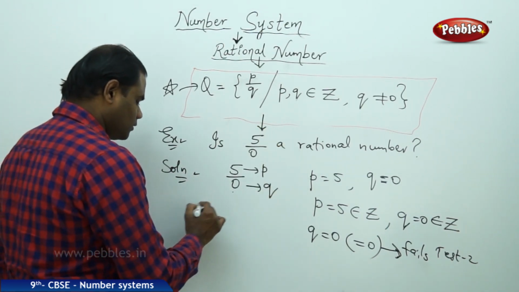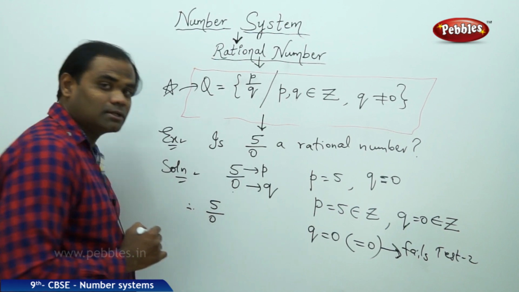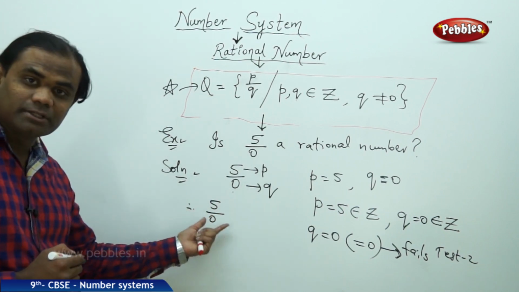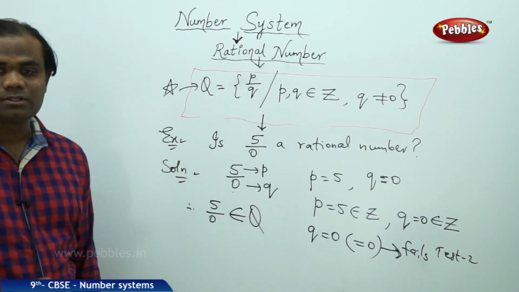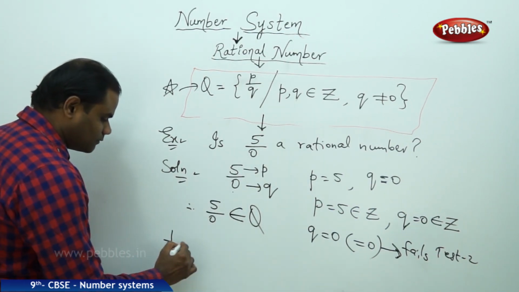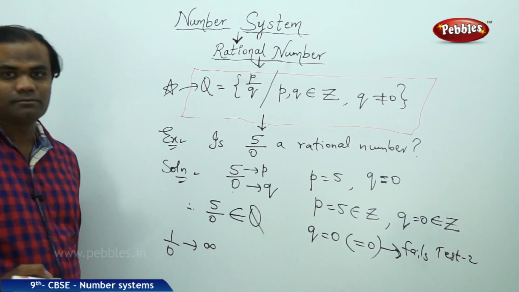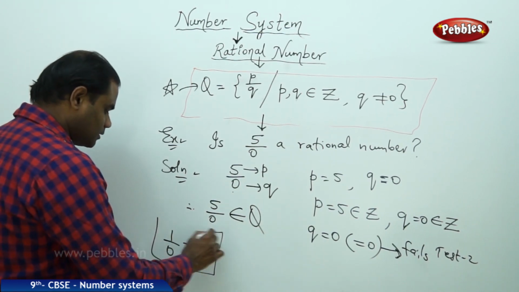Therefore 5 over 0, or any number with denominator 0, cannot be a rational number, because 1 by 0 is undefined, which is infinity. That's how we understand the property.